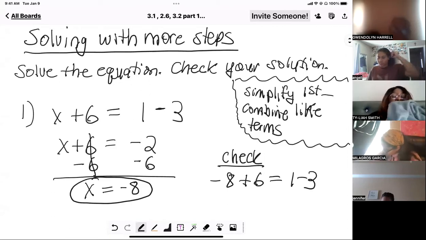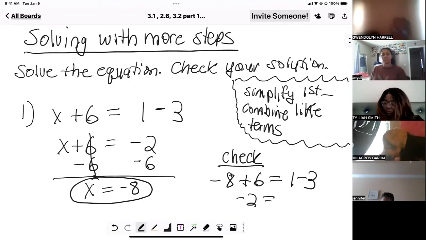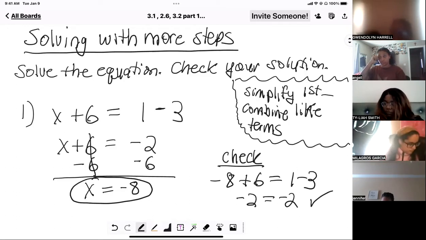Then we're going to simplify both sides. So negative 8 plus 6: 8 minus 6 is 2, 8 is negative, which is bigger, so negative 2. And I'm going to redo this again, 1 minus 3, just in case I did it wrong. 1 minus 3, that's 3 minus 1 is 2, 3 is bigger, so negative 2. Negative 2 is equal to negative 2. I know my answer of x equals negative 8 is correct.